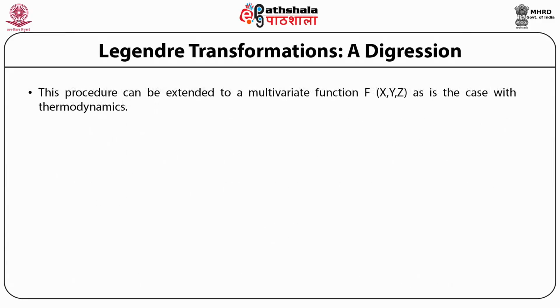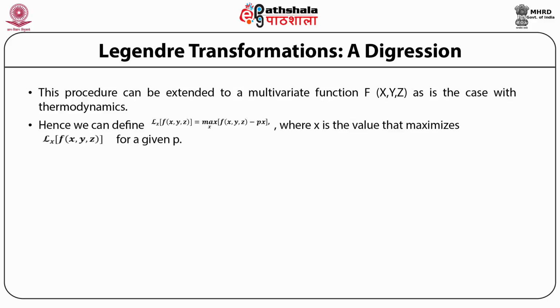This procedure can be extended to a multivariate function f(x,y,z), as is the case with thermodynamics. Hence, we can define the Legendre transform of f(x,y,z) with respect to x equal to the maximum over x of f(x,y,z) minus px, where x is the value that maximizes the Legendre transform of f(x,y,z) with respect to x for a given p.